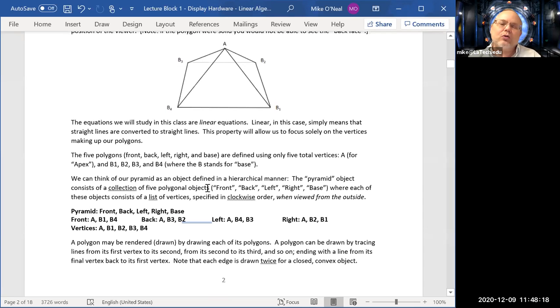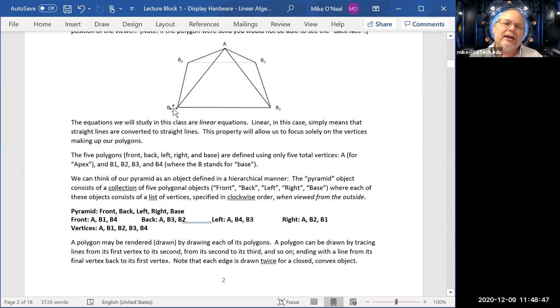Okay, but then you have to store the polygons, because how do I represent front and back and left and right and base? Well, one common way is to represent a polygon as a list of vertices. Notice I'm using the word list because the order is important. As a list of vertices specified in clockwise order when viewed from the outside. Now, you might say, why does the order matter?